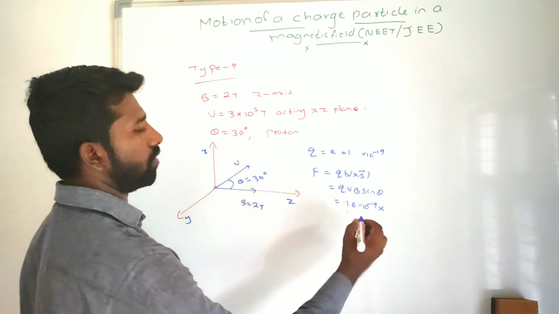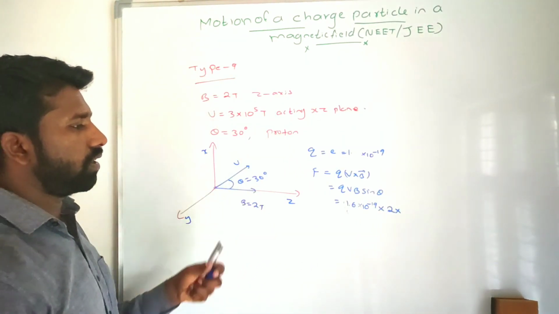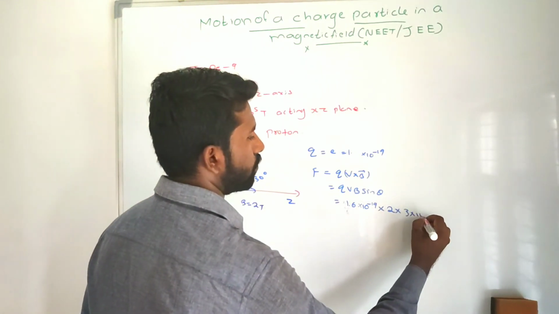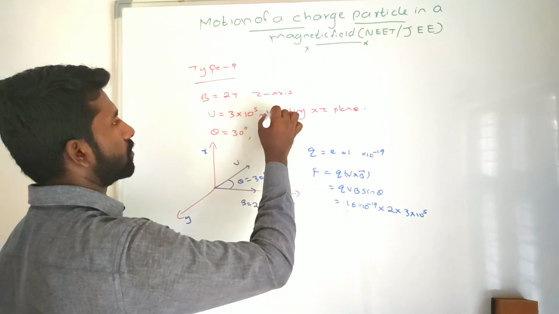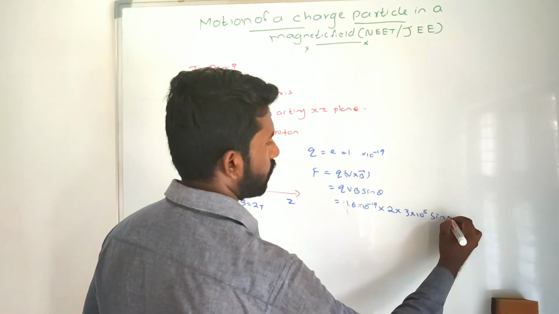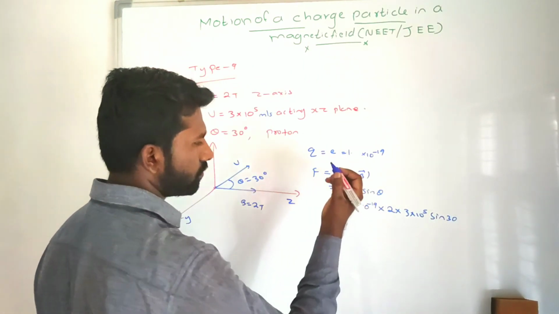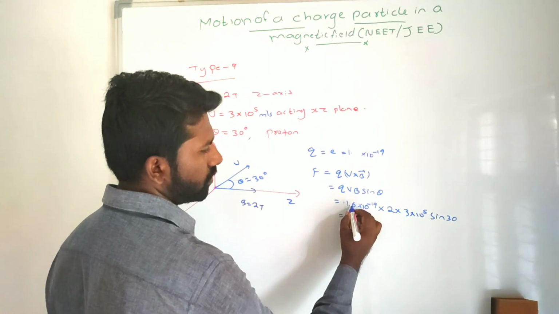B is 2 Tesla. V is 3 into 10 power 5 meter per second. And theta is 30, so we need sine 30.